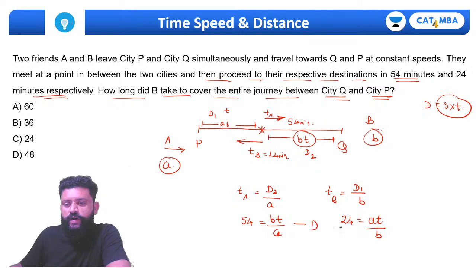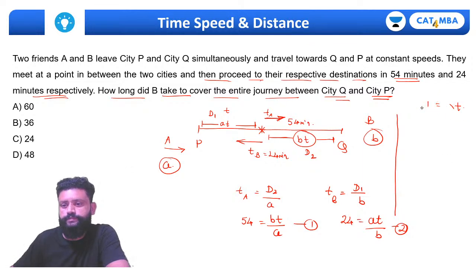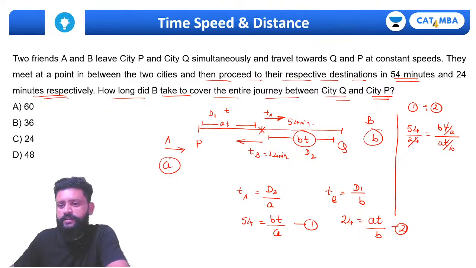So if we divide equation 1 by equation 2, 54 upon 24 must be equal to bt upon A divided by at upon B. So t gets cancelled here.